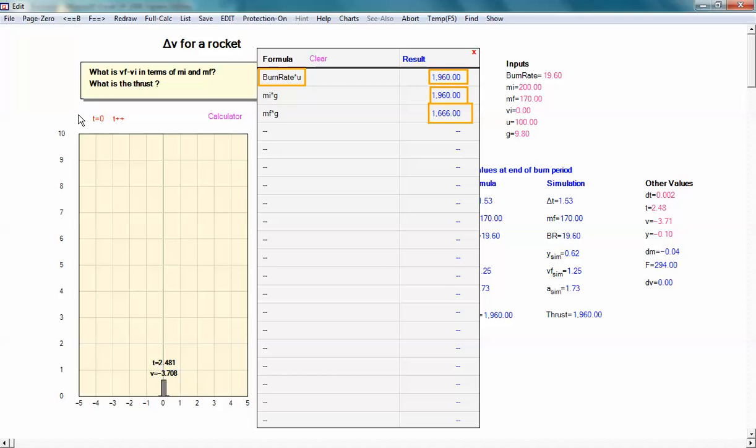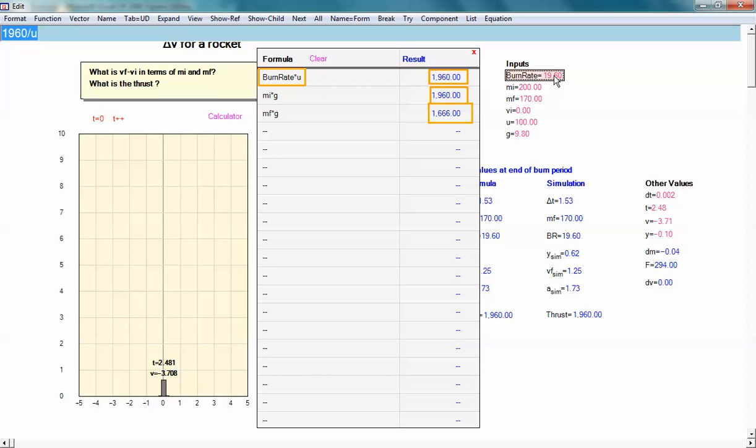If I wanted to kill it completely, I could make my burn rate equal to the final weight, which is 1,666 divided by u.